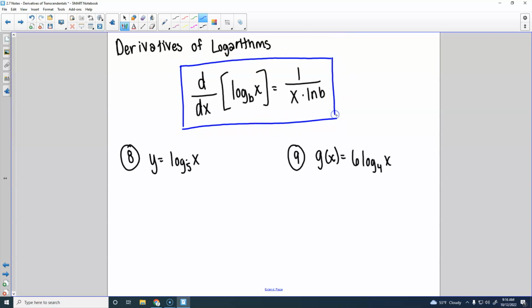We'll do a formula quiz before test 2 to make sure that we've got all these. For y equals log base 5 of x, our derivative, y prime or dy dx, however you want to label this, would be 1 over x times the natural log of the base, which is 5.